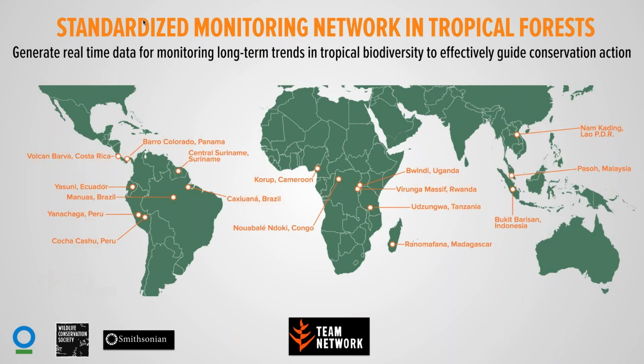The problem with tropical forests is that despite all this, we have very little information about what's happening in them. We can see tropical forests from satellites from above, but we can't see anything inside. So this network was created to fill that gap in the knowledge of tropical forests. And particularly we focus on wildlife, tropical trees, climate, and some other variables that we collect in a standardized way throughout this network.